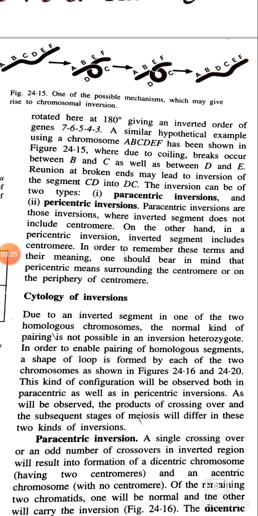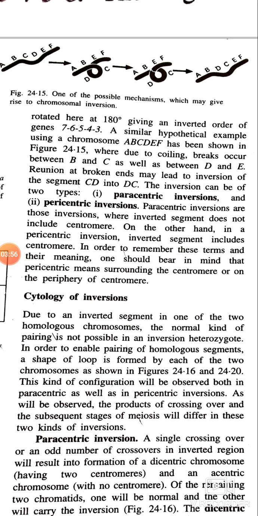Paracentric inversion. A single crossing over or an odd number of crossovers in the inverted region will result in the formation of a dicentric chromosome having two centromeres and an acentric chromosome which is without a centromere.